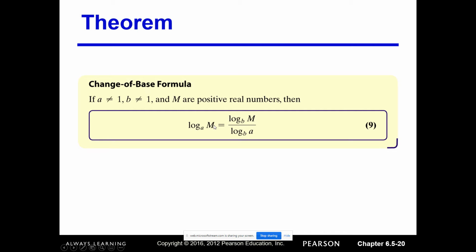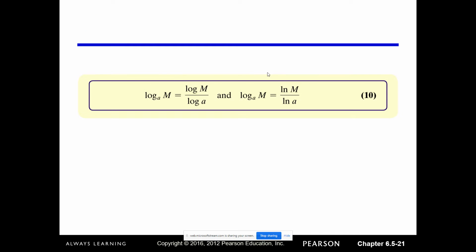What it says is, when the base is not natural e or 10, not a natural log and not a common log, we can change the base to make it either a natural log or a common log, as the ratio of log base b of m divided by log base b of a. Let's look at an example that helps you understand this formula.